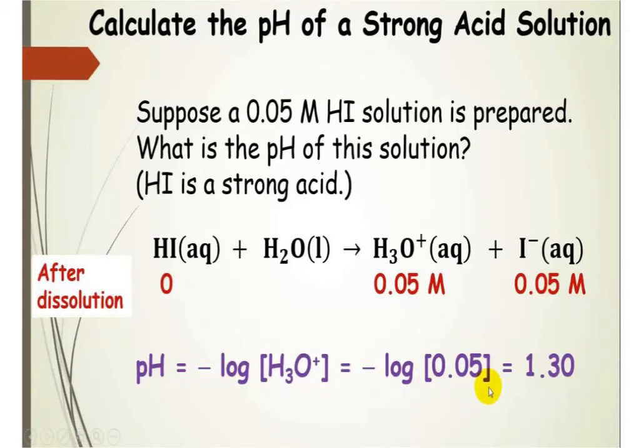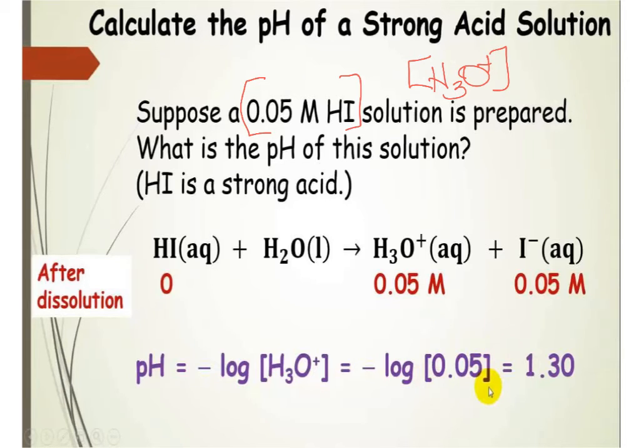Up until now, you have been dealing directly with the concentration of hydronium ion in trying to calculate pH, pOH, etc. But in reality, most of the time, you're not going to be given the concentration of hydronium ion. You are going to be given the concentration of the actual acid that is used to make an aqueous solution.